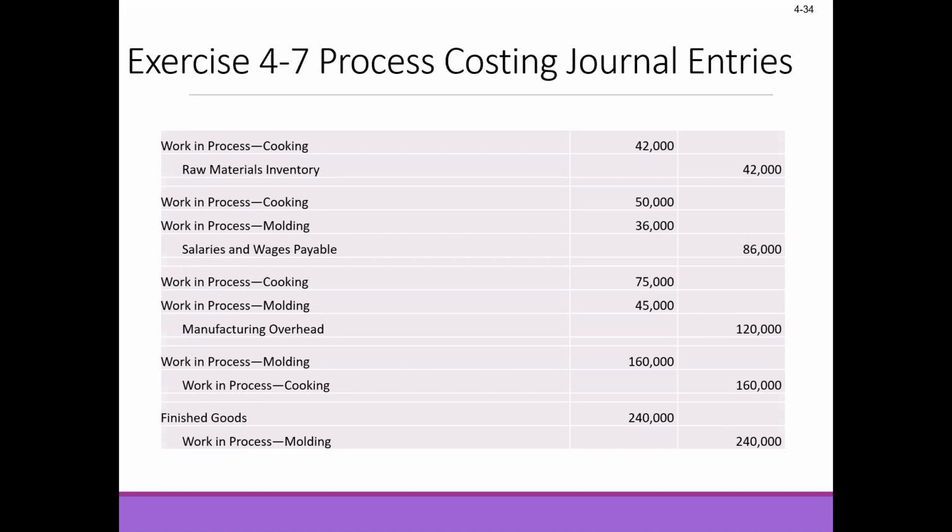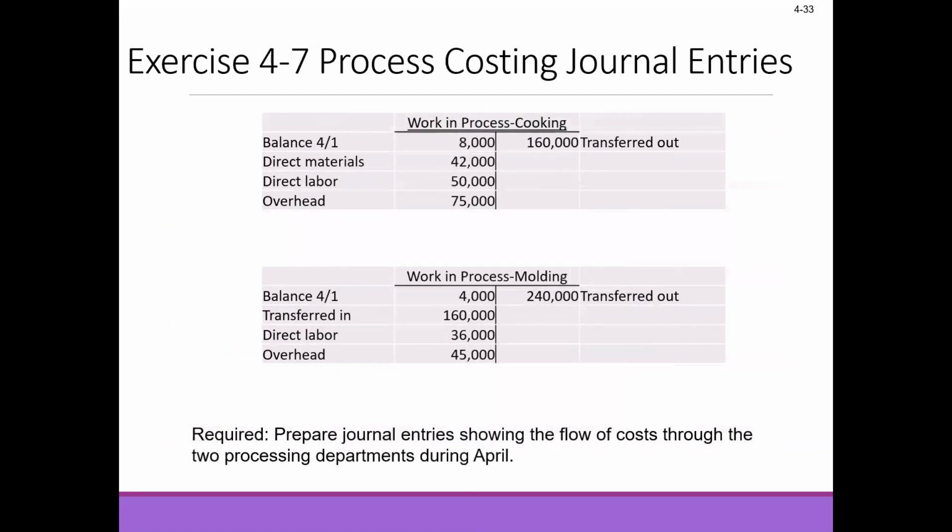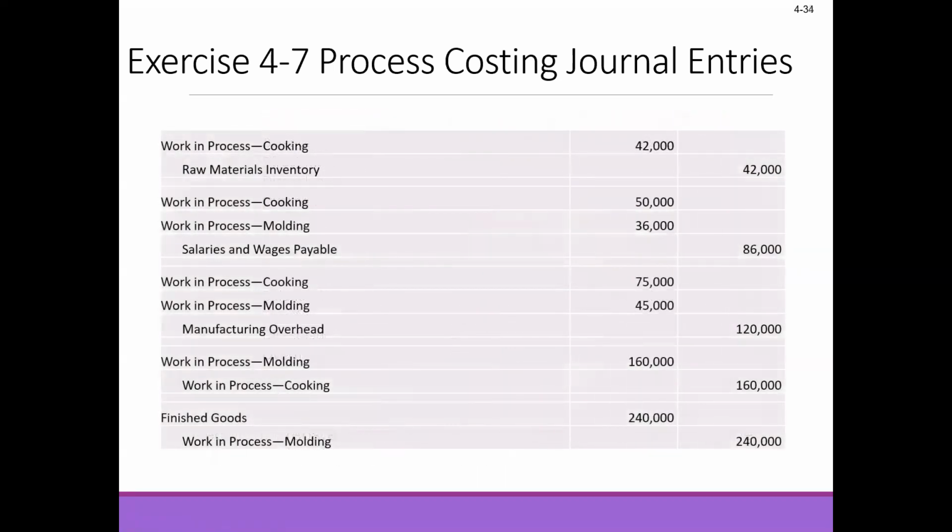Next, our manufacturing overhead. If we look back here, we see 75 came into this department, 45,000 came into this department. So we are showing work in process cooking 75,000, work in process molding of 45,000, and we credit our manufacturing overhead for 120,000.